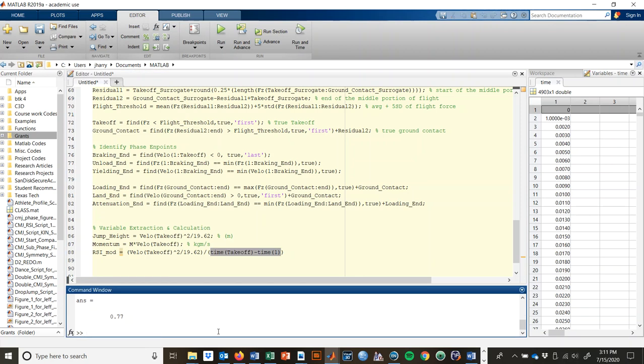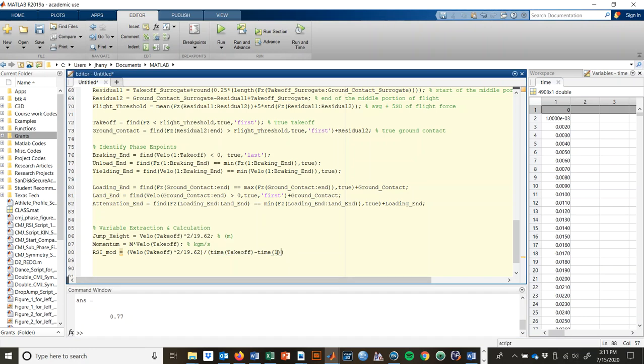So it's the same, but that's dependent on whether or not we trim the trial so that the first data point of what we're working with in the processing is at the start of the counter movement. If it's not, you'll need to specify here the start of the jump. But if you followed the process that we've done throughout these videos, this will work just as well as this.